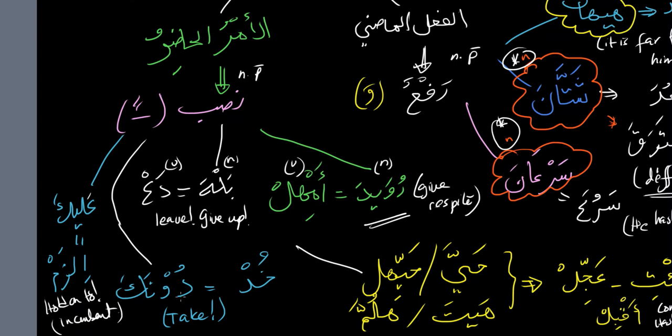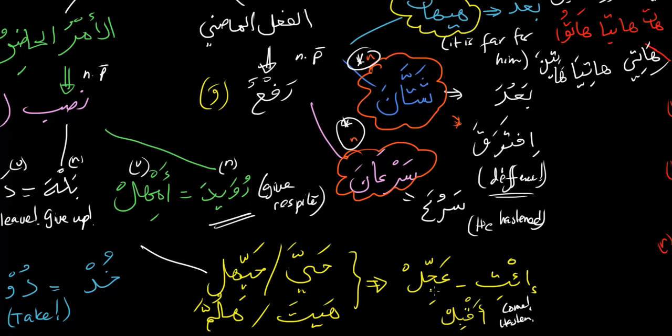Dunaka has the same meaning as khudh, which means take. Hayya, hal, haita and halumma have the same meaning as ajil, hurry, or i'ti, come, aqbil. These are all nouns again, which have the meanings of these verbs.